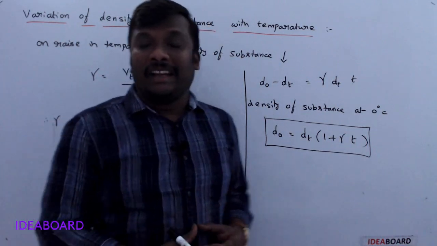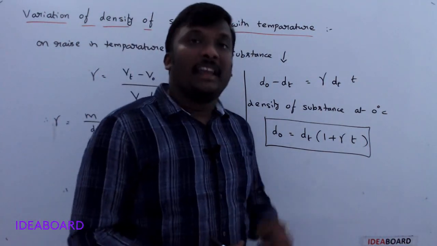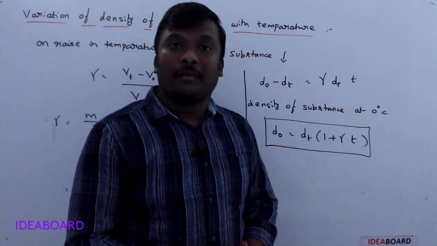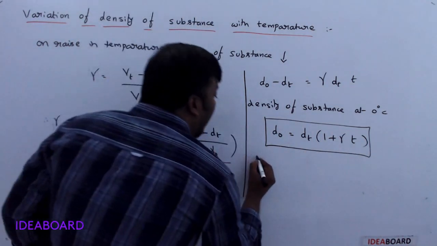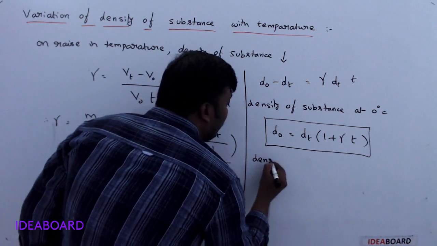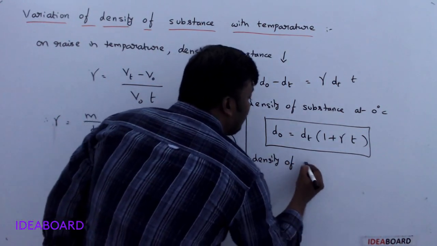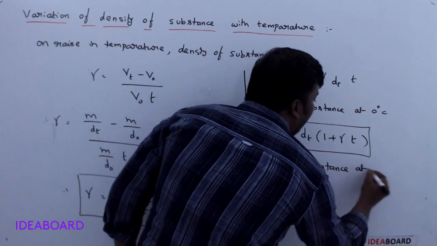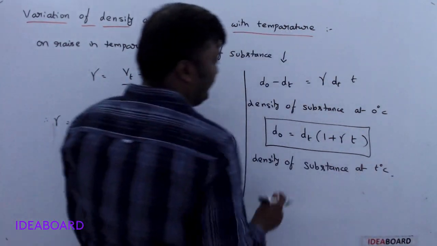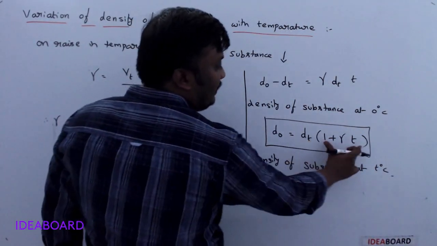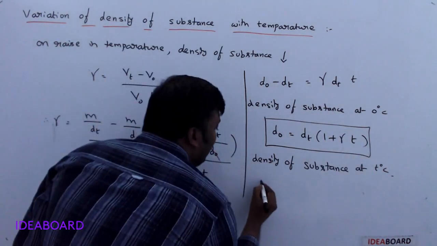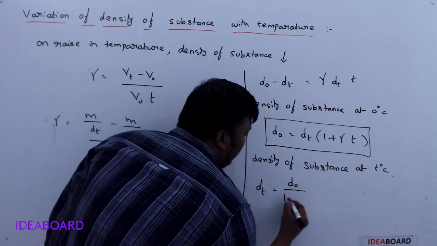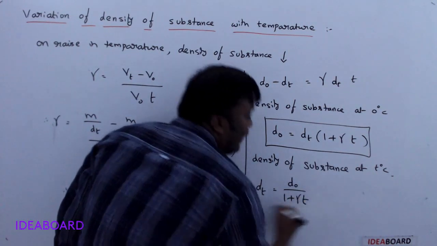If you know the density at t degree Celsius and they ask the density at 0 degree Celsius, please utilize this formula. And if they ask the density of the substance at t degree Celsius, I want dt, so dt becomes d naught by 1 plus gamma t.